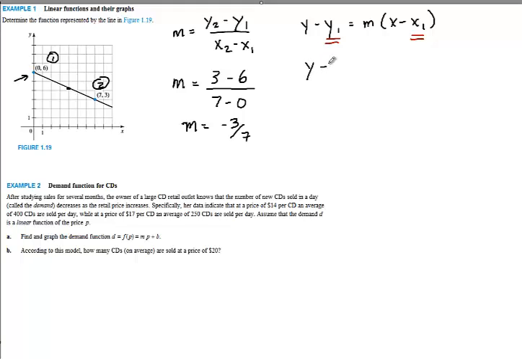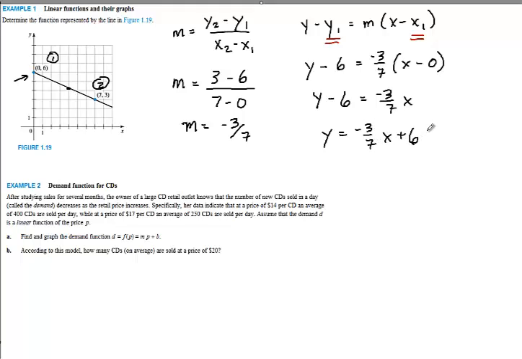So I'm going to do y minus the y value for that point, which is 6, equals m, which I just found to be negative 3/7, times x minus the x value for that point, which is 0. And I will get y minus 6 equals negative 3/7 x, and making it pretty, y equals negative 3/7 x plus 6, which is exactly the same thing they got, but a slightly different method.